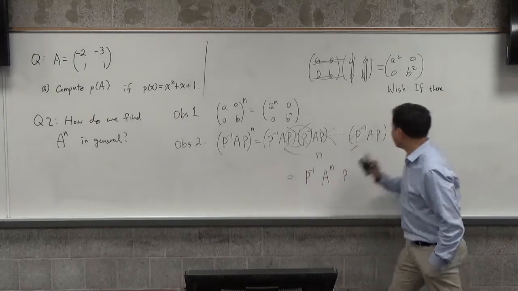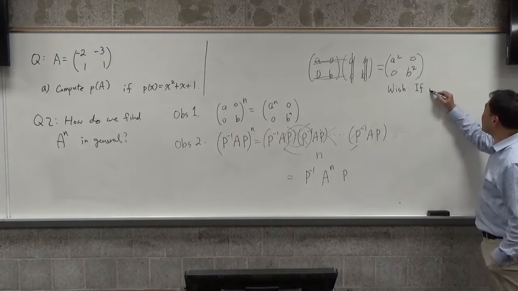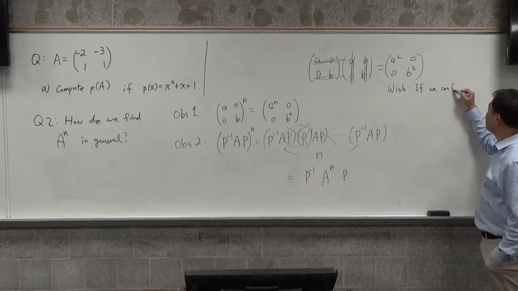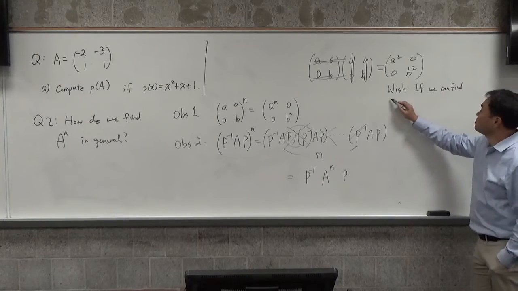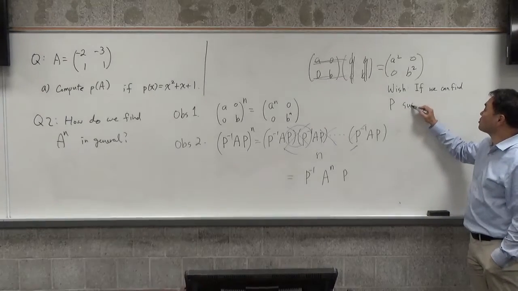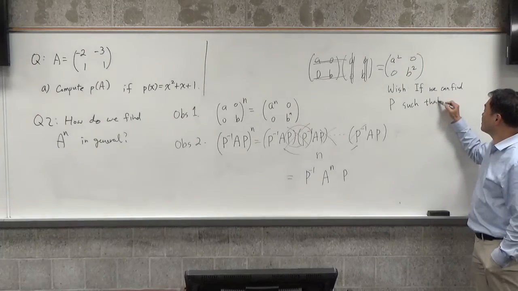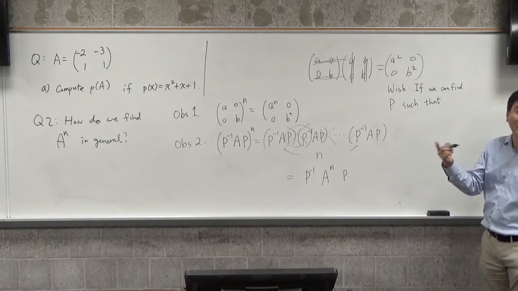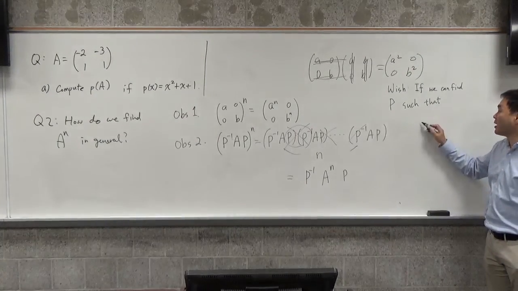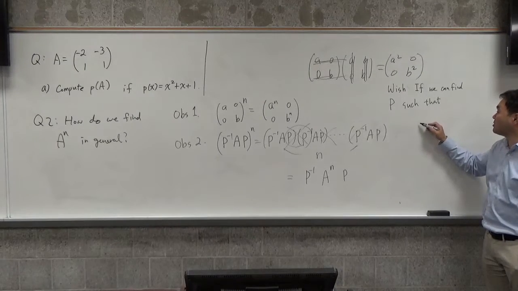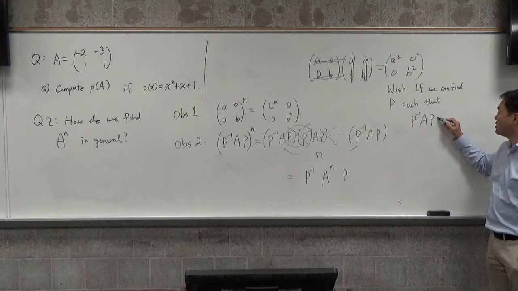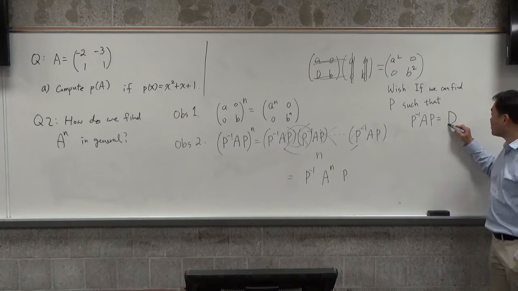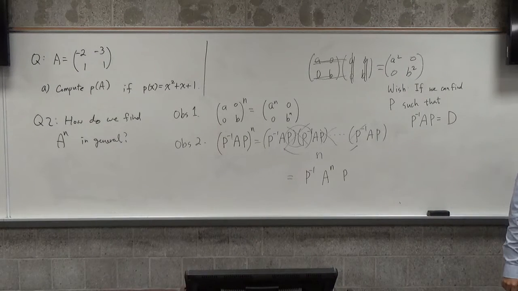If we can find P such that, so let's say somebody gave us the matrix A, okay? And if you can find a P such that P inverse A times P is a diagonal matrix, D for diagonal, okay?